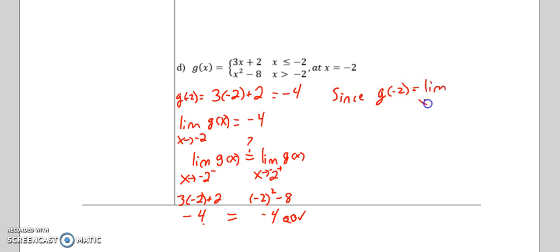So since g of -2 and the limit as x approaches -2 of g of x are equal, g of x is continuous at x equal -2. So we'll get to the rest on the next part.